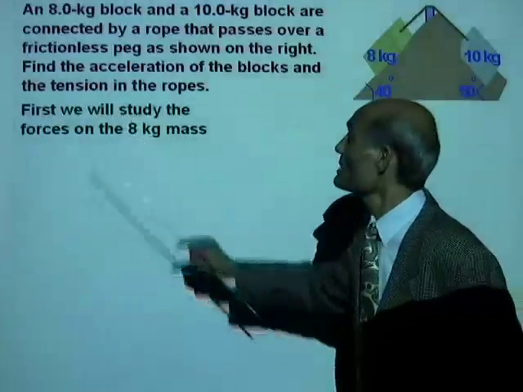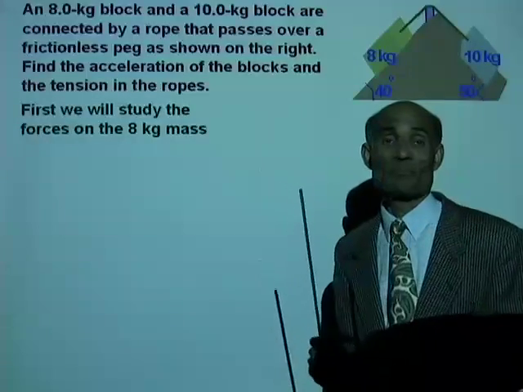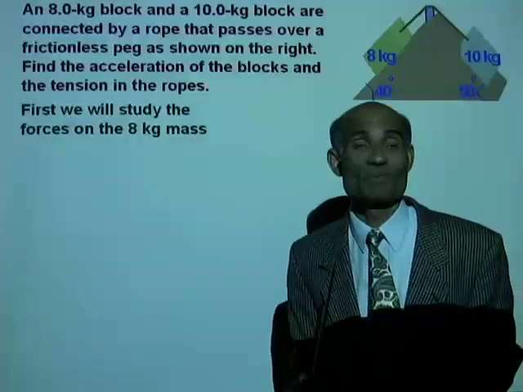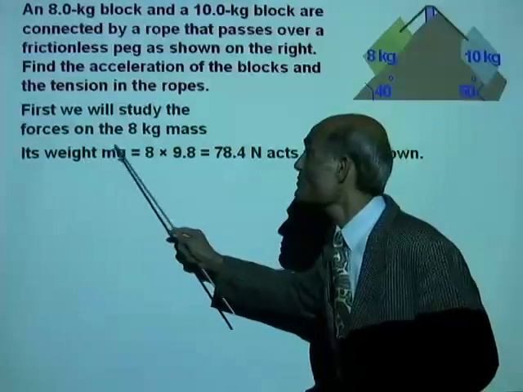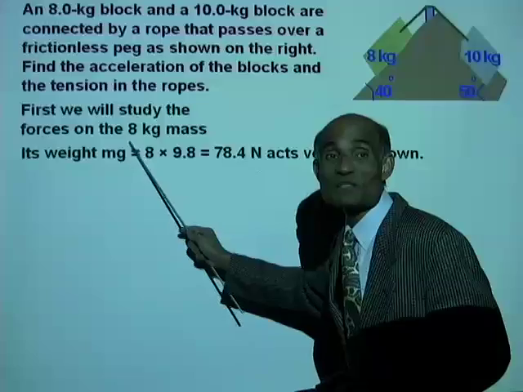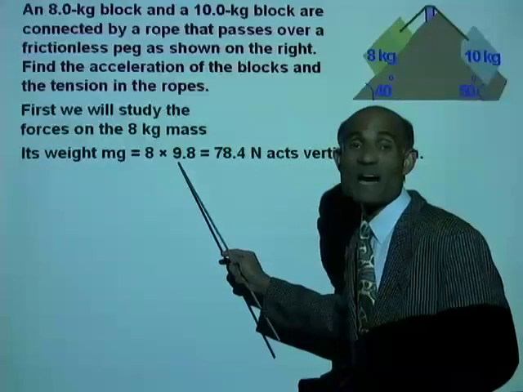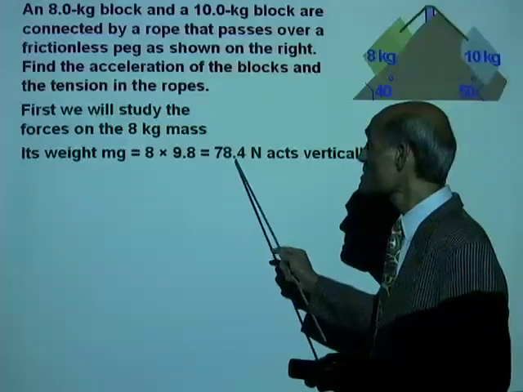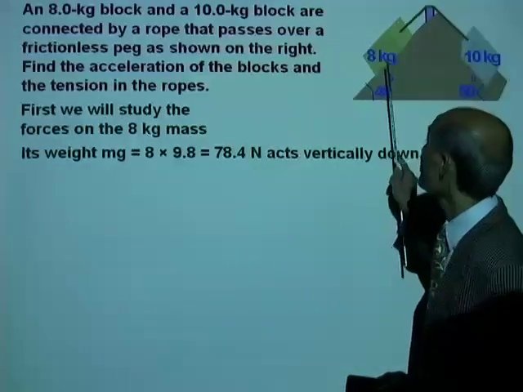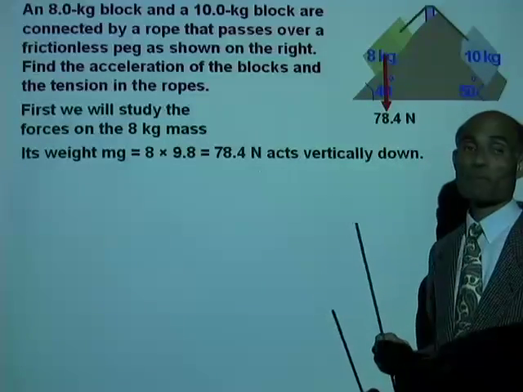Alright, first we will study the forces on the 8 kilogram. Can you do that on your own? What is the weight of the 8 kilogram? The weight is its mass times g, 8 kilogram times 9.8 meter per second squared. That is 78.4 Newton, and that will be acting vertically down.